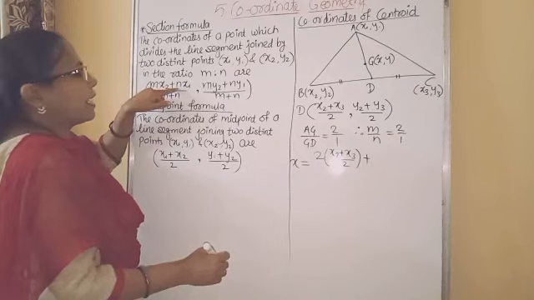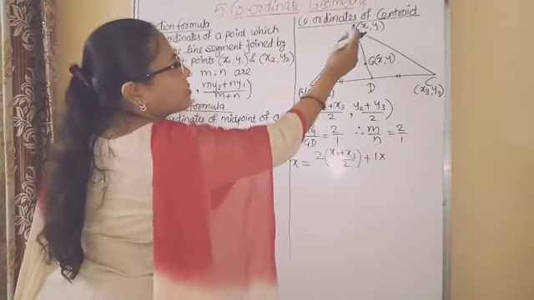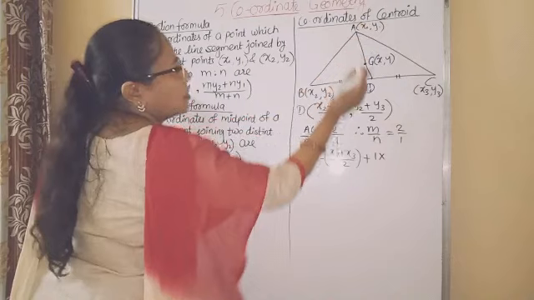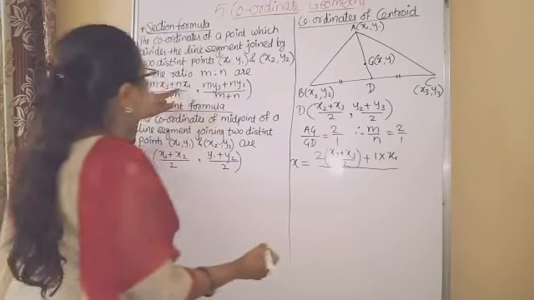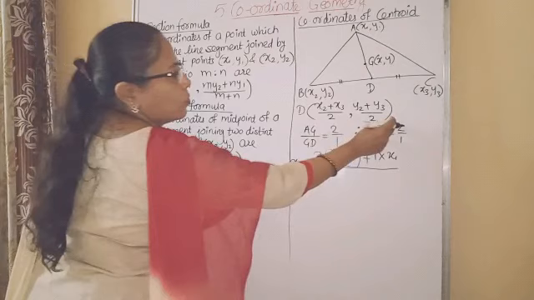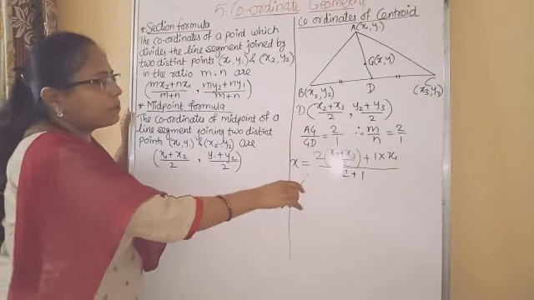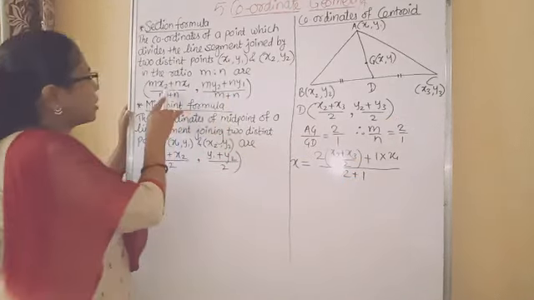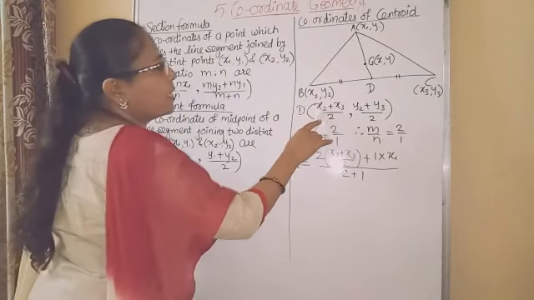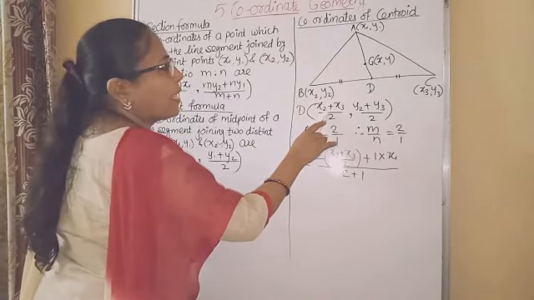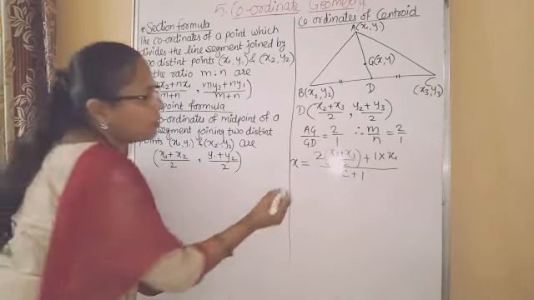Plus n times x1, where n is equal to 1 and x1 is the coordinate of A, upon m plus n, so 2 plus 1. Follow this first step. Here we applied the section formula, where we took the x coordinate of point D. Now this 2 and this 2 get cancelled.